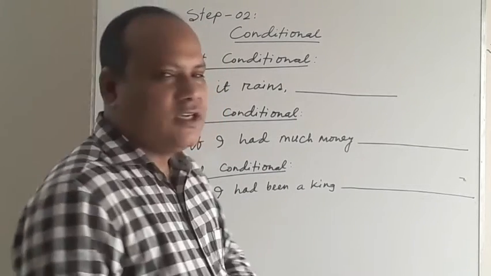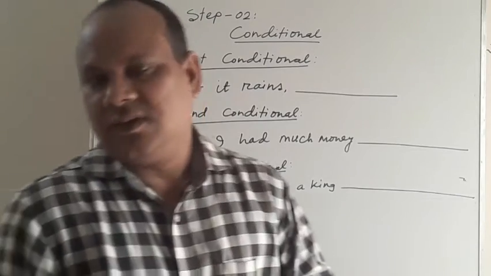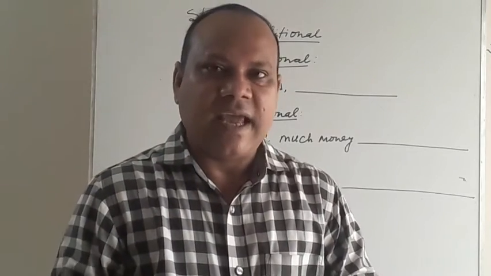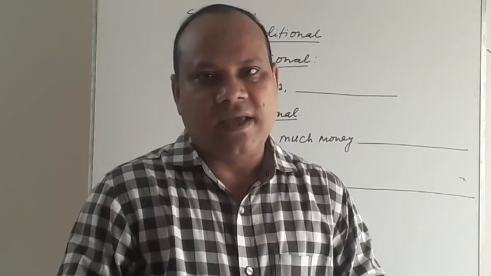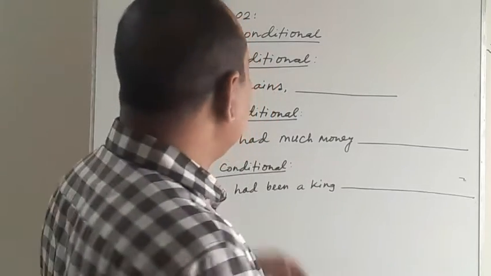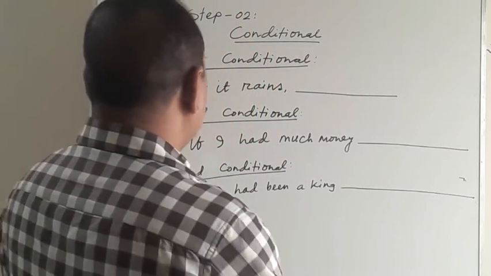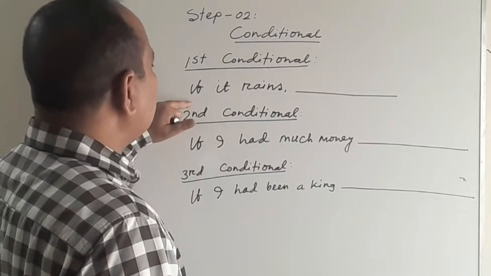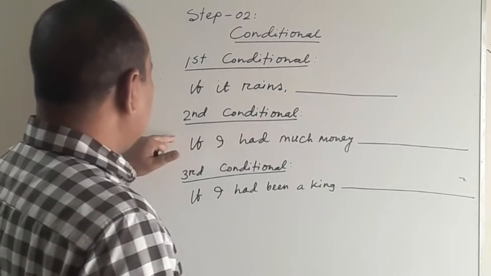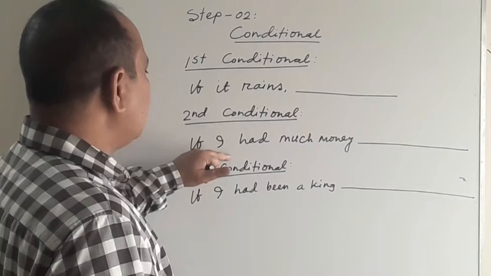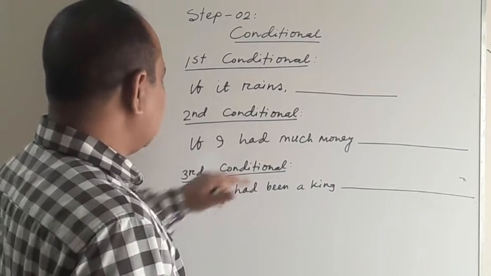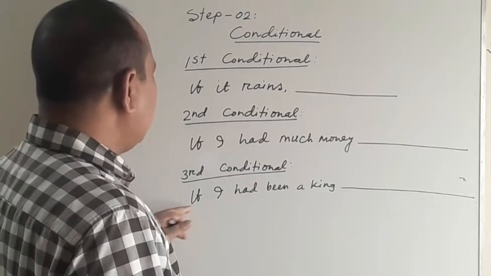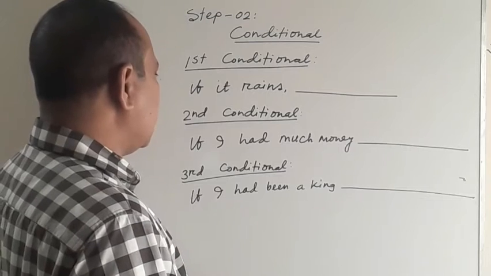We know all conditionals begin with if, and sometimes had and or may be replaced if. But here we see the first portion, that is the subordinate clause, is in the present tense. In second conditional, the subordinate clause or if clause is in the past tense. And the third conditional, if clause or subordinate clause, past perfect.